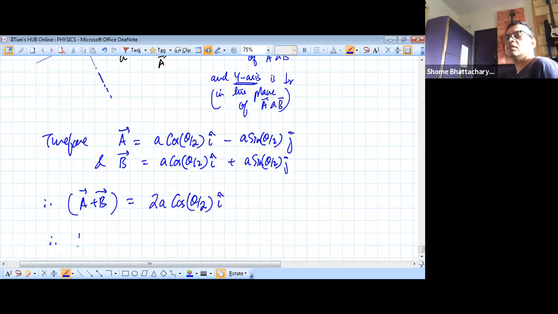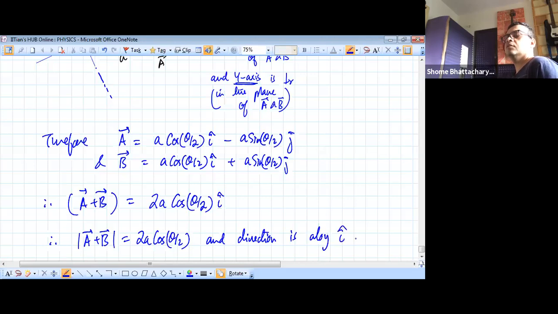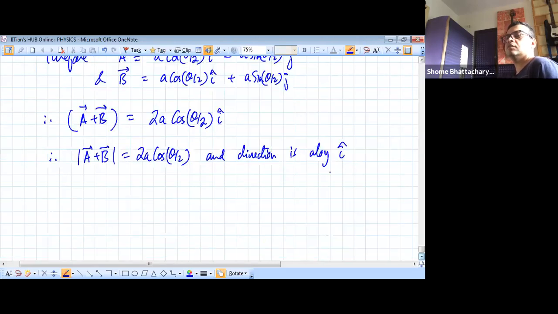So you can see that the magnitude of A plus B will become 2A cos theta by 2, and the direction is along i cap, which is nothing but the angular bisector, because we have selected it as the angular bisector of vectors A and B.